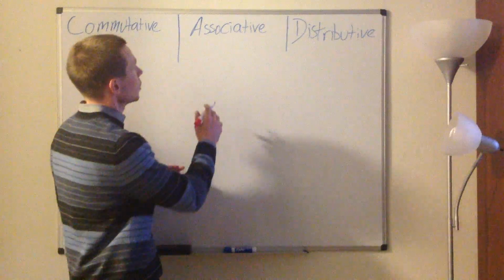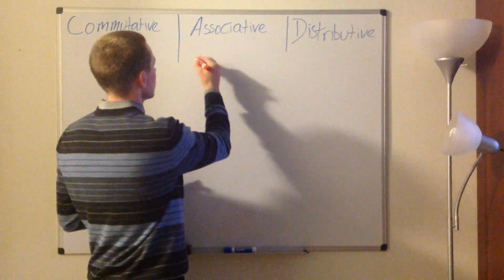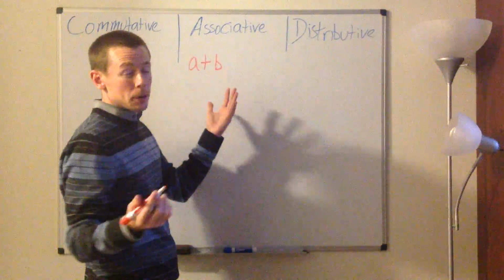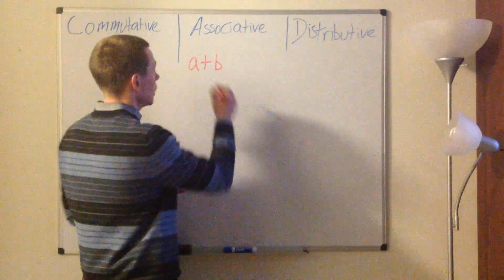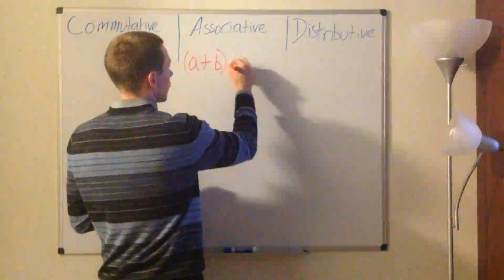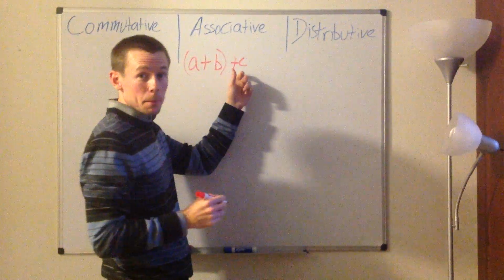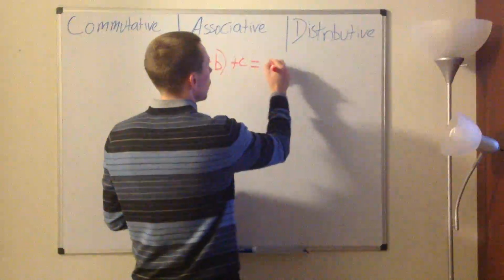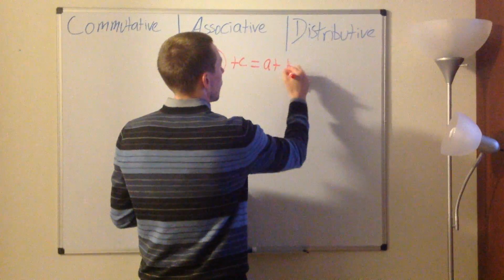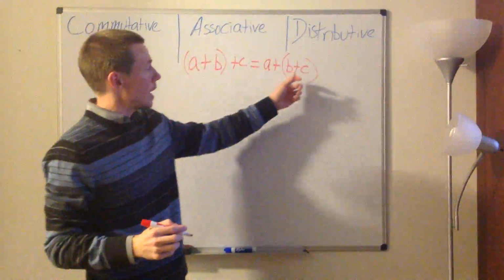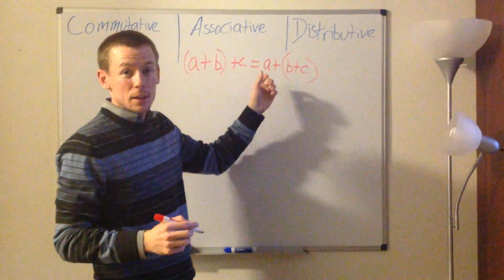So the associative property says that if you have two numbers, A plus B, whatever they might be, and add them first and then add a third number, that's going to equal the same thing as if you add the last two numbers and then add the first.